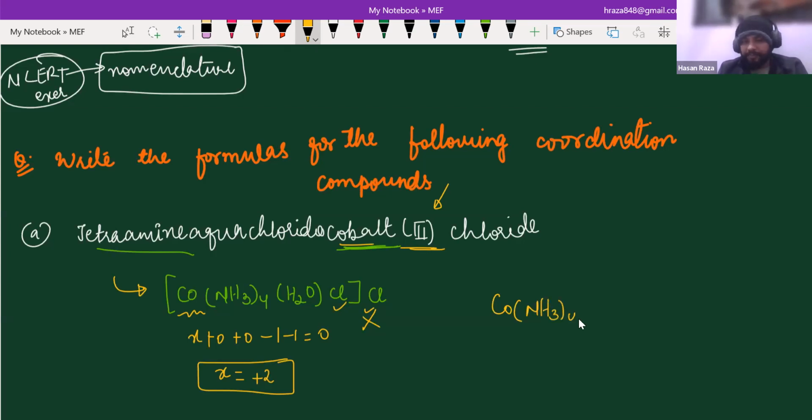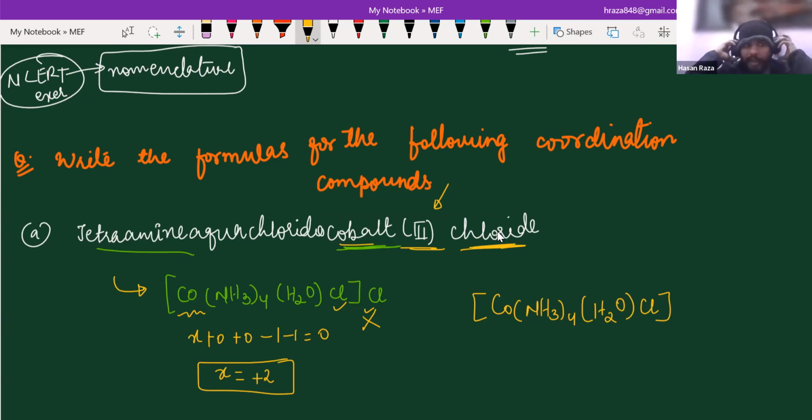After writing it, you are going to balance the oxidation state of the central metal atom by increasing the negative counter ion. The counter ion is only present to balance the charge on the coordination compound.